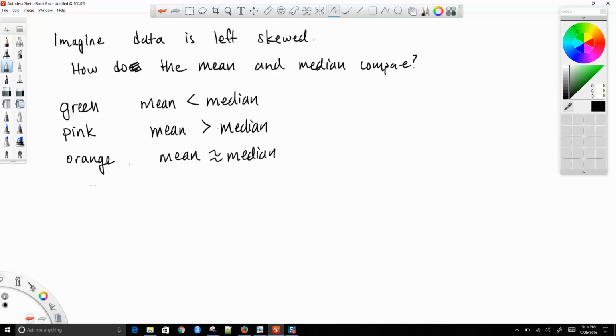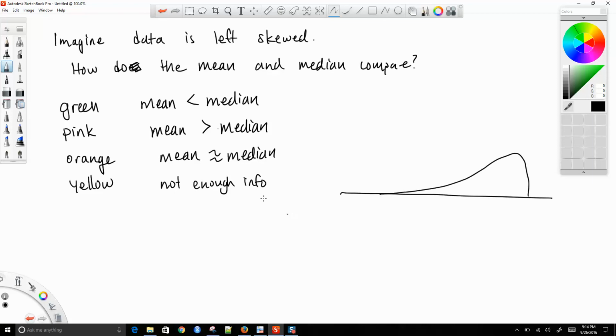And yellow if this is not enough info. Okay, go ahead and think about this. We have data that is left skewed, so we've got something that looks like that.